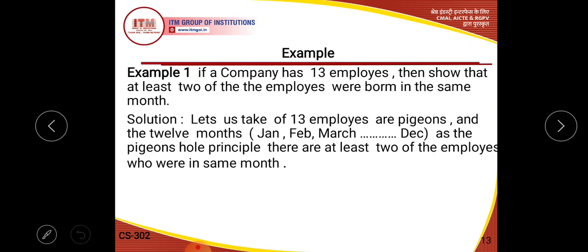Now come to its solution. Let us take the 13 employees as pigeons, and we have only 12 months, January, February, March, April, May up to December. So we have only 12 months, but the employees are 13. By the pigeonhole principle, at least 2 of the employees were born in the same month.